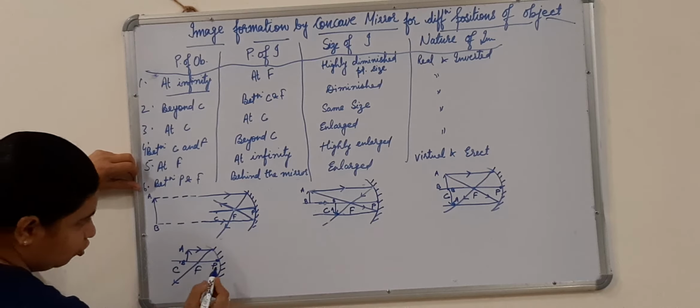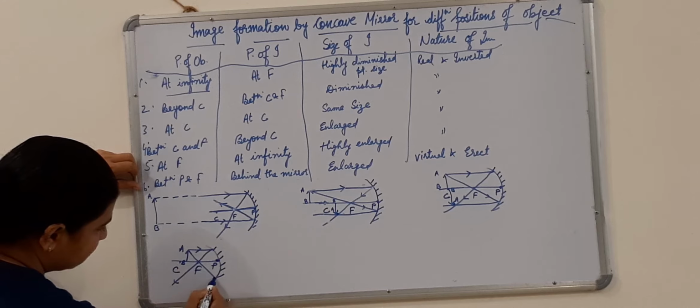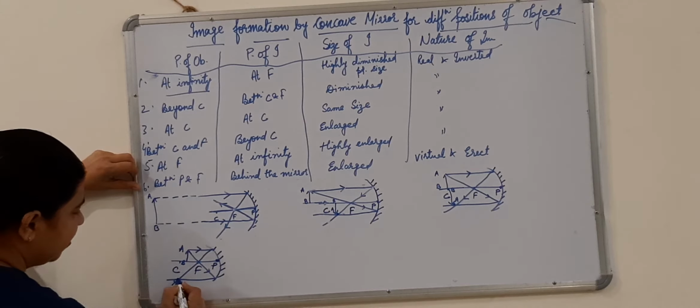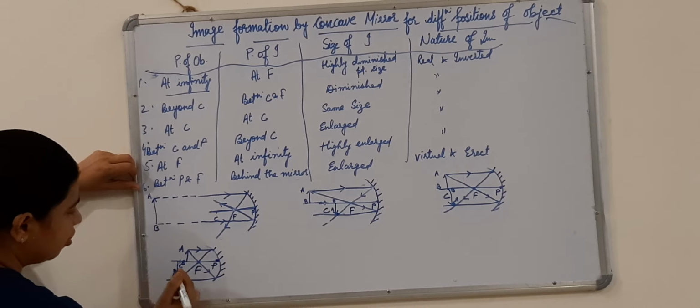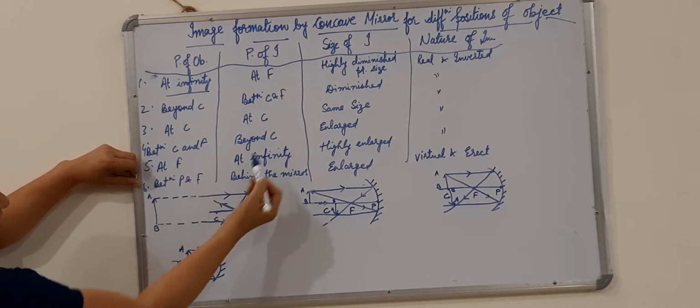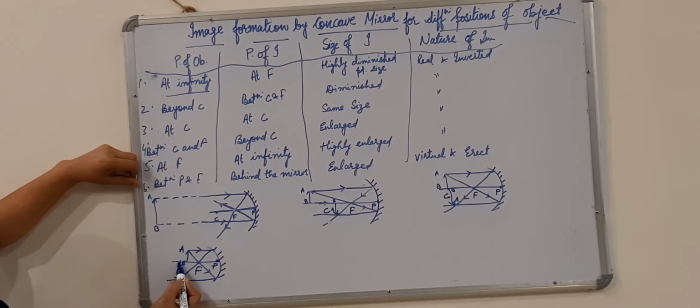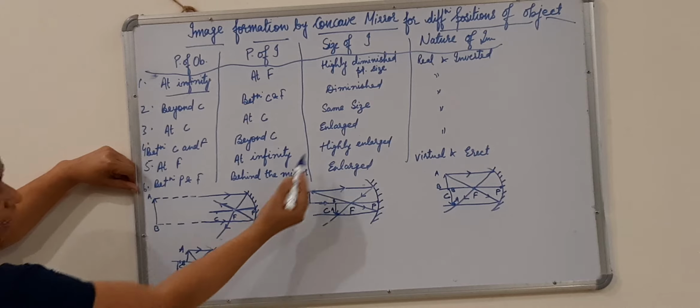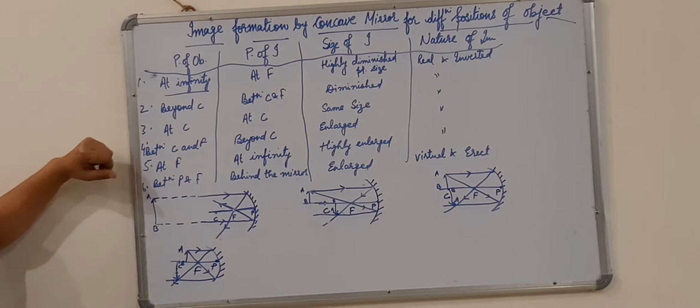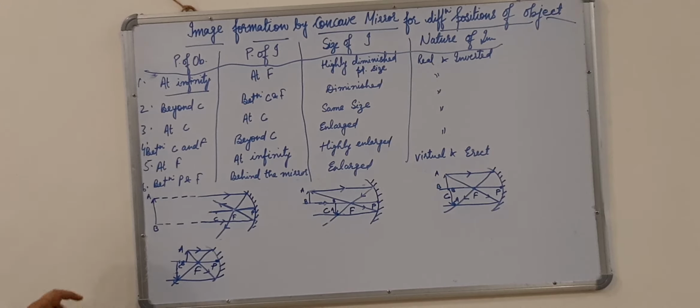My second ray will pass through the focus, and after reflection it will go parallel. Where they intersect, at this point, is beyond C. This was C and this is beyond C, where the image is formed. Now you can see the size. It is larger than the object, so it is enlarged. Nature, real and inverted.